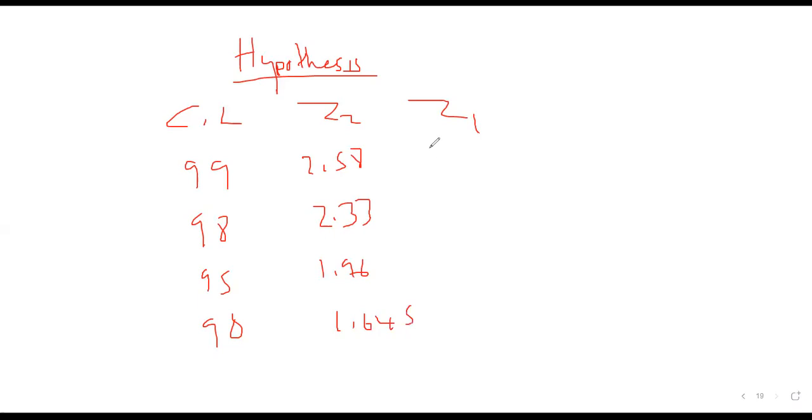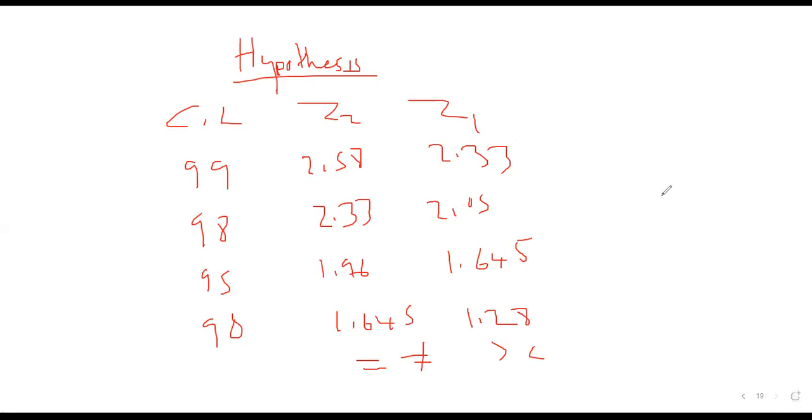And the single-tailed values are 2.33, 2.05, 1.645, and finally 1.28. The sign here is greater or less, equal to or not equal to.